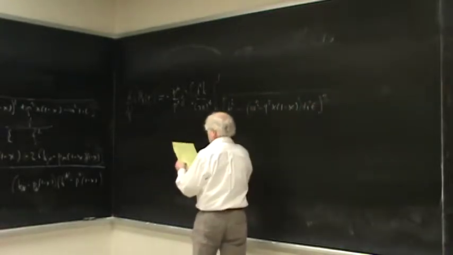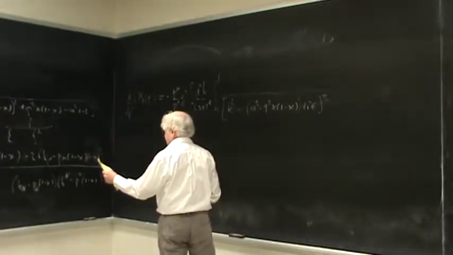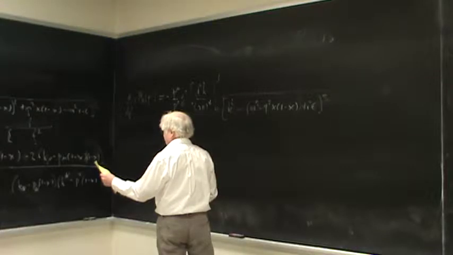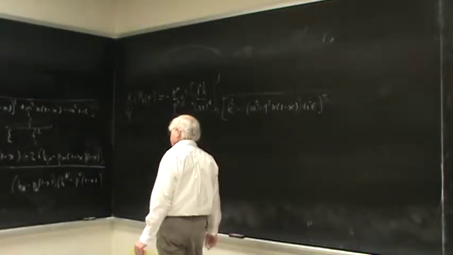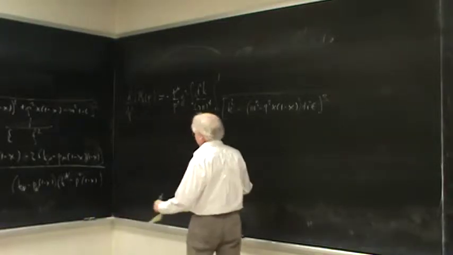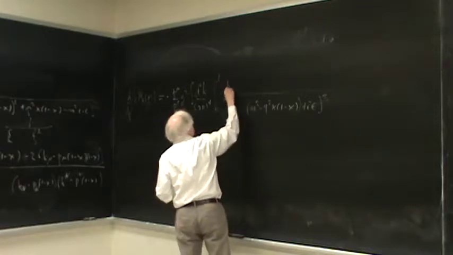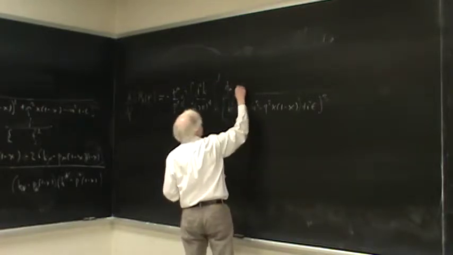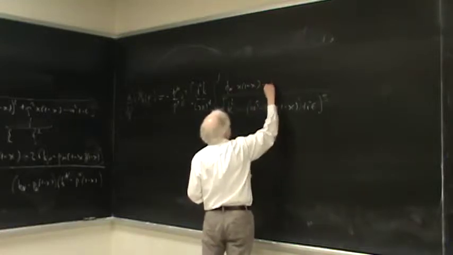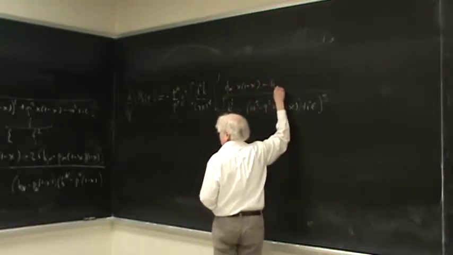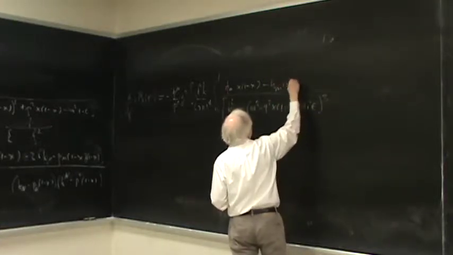And up in the numerator, after shifting with k mu and pulling out the 2, we have p mu x 1 minus x, and then minus k mu times 1 minus x.